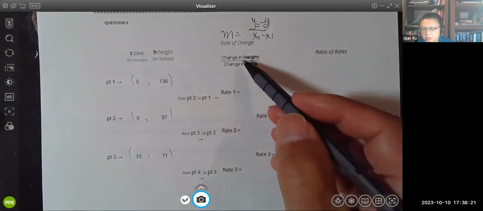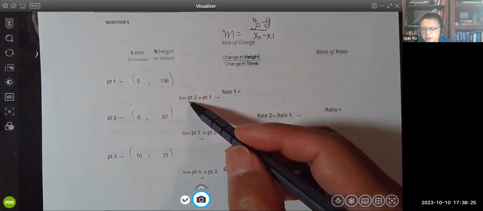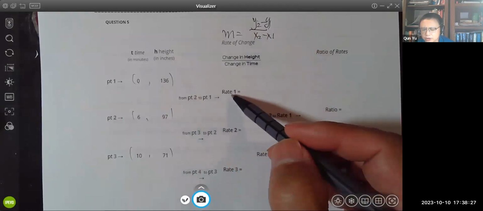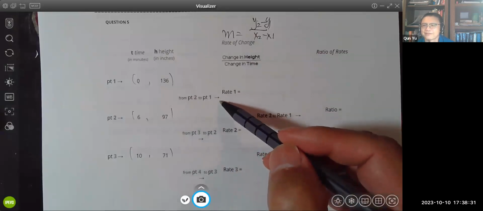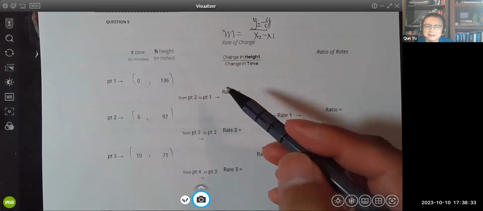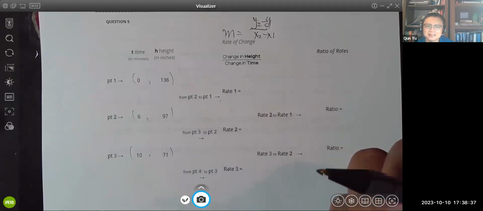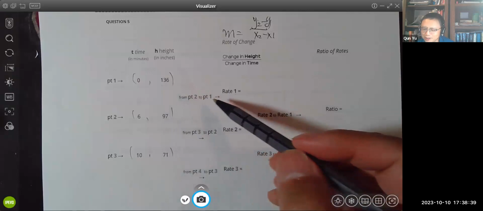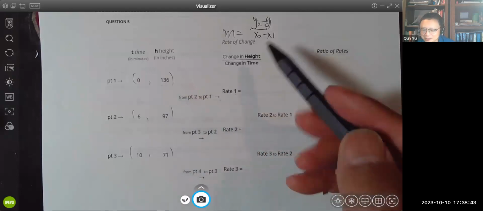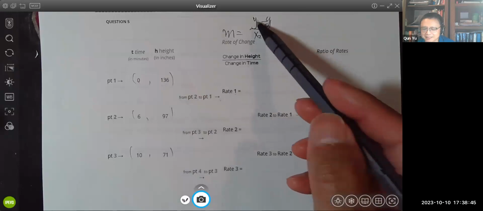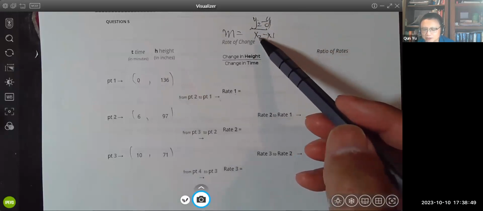Now we are ready to calculate the rate of change using this formula, but this one says calculate the rate of change from point 2 to point 1. I just demonstrated on the previous page that it doesn't matter whether you go from point 2 to point 1 or point 1 to point 2, right? Either way is okay. Just make sure both sides are consistent. If you go from 2 to 1, the bottom one also goes from 2 to 1.